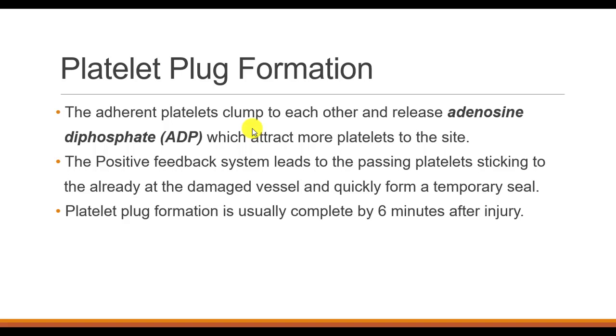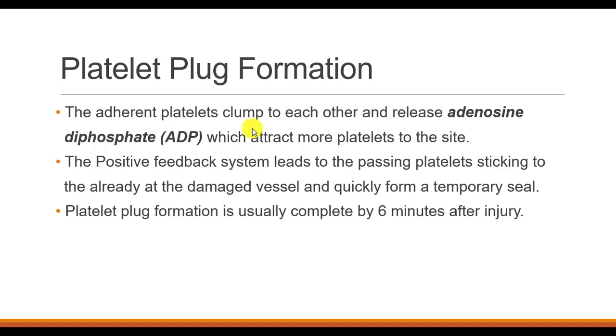ADP, also called adenosine diphosphate, is a very important molecule present within the cells and also within the blood, and it is released by platelets. What this does is attract more platelets to that site. More platelets come to the damaged site and adhere to the platelets already there, and in this way they form a plug or a temporary seal.